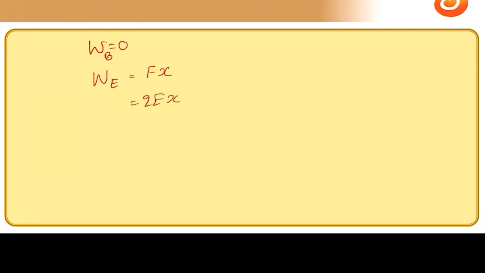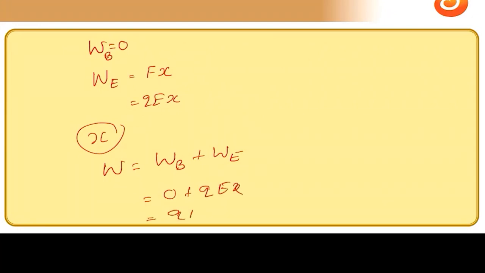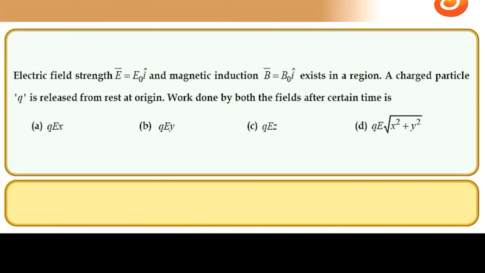So, if the charged particle travels certain distance x, then the net work done by both the fields together is 0 plus qEx, that is nothing but QEx. The electric field is along x-axis, therefore it does work for any displacement along x-axis. So QEx is our correct answer.